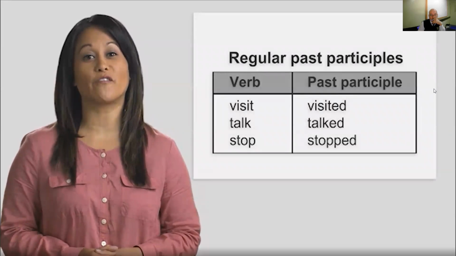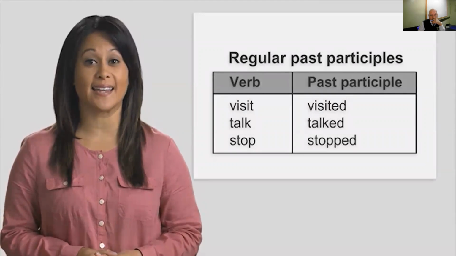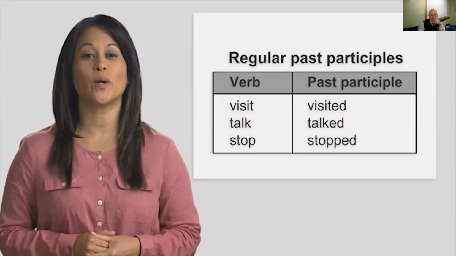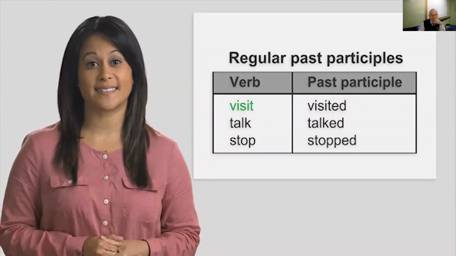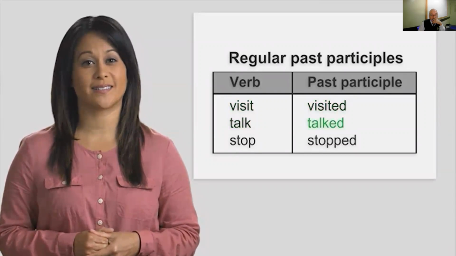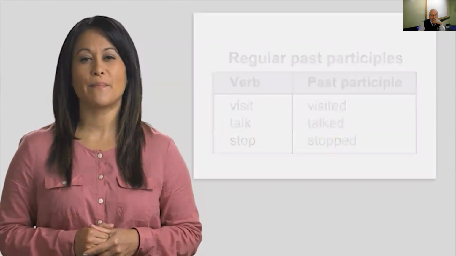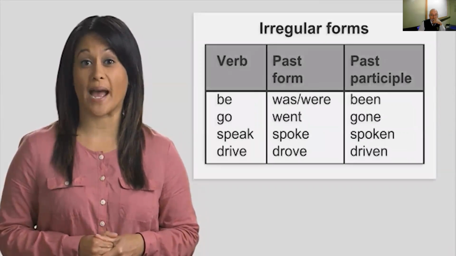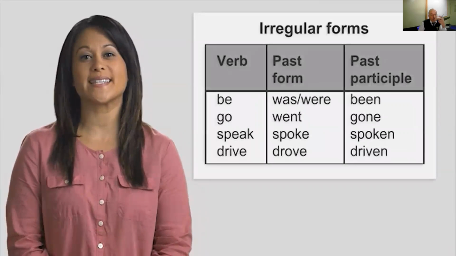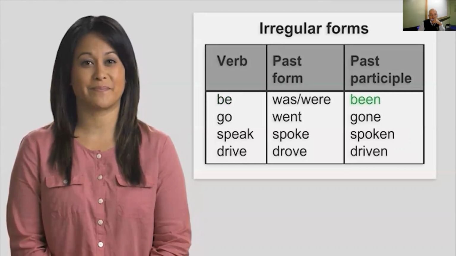Regular past participles are formed the same way as the simple past tense and end in ed. For example, visit, visited, talk, talked, stop, stopped. But many common verbs have irregular past participles. For example, the past participle of be is been.